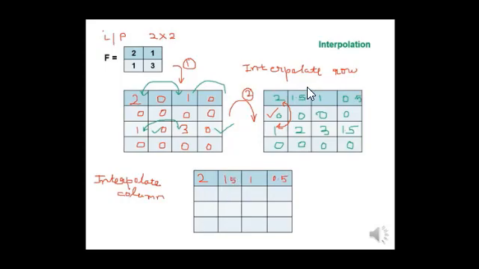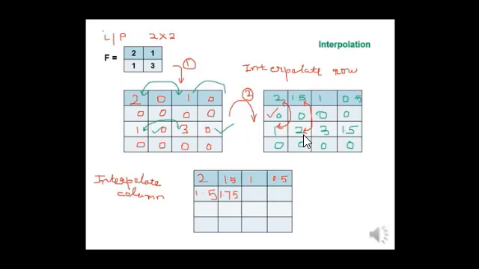Then 1.5 plus 2 is 3.5. Divide 3.5 by 2 and write its average value in the second column. It is 1.75.